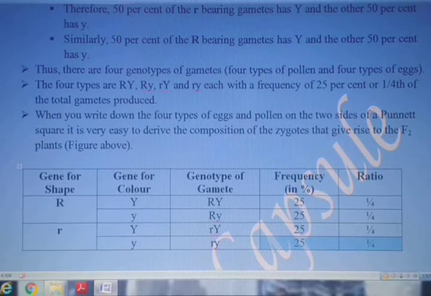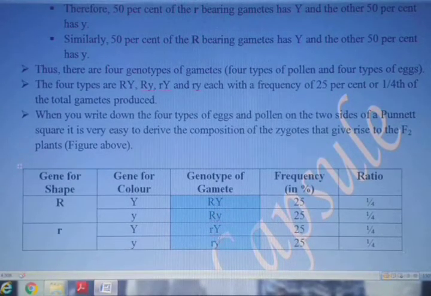That means the 4 gametes we discussed earlier in the dihybrid experiment are capital R capital Y, capital R small y, small r capital Y, and small r small y.